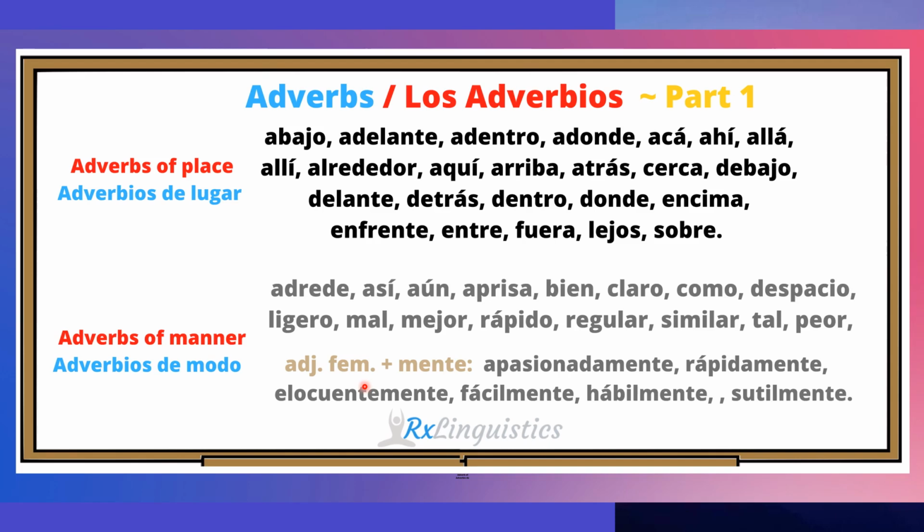You convert the masculine adjective into feminine adjective and you add mente. Okay? If you have rápido, you make rápido, rápida, the feminine form of the adjective, and you add mente, and you make an adverb out of that adjective.